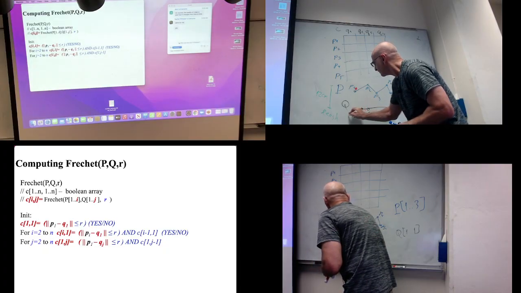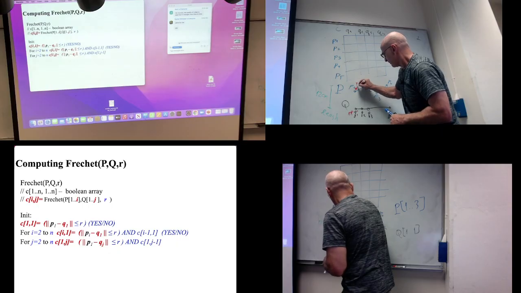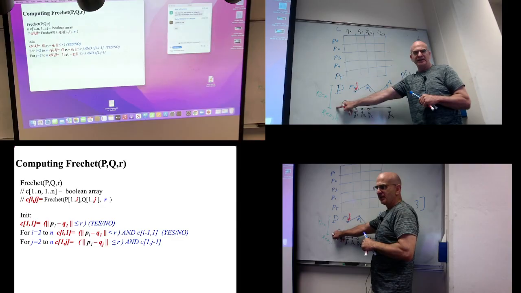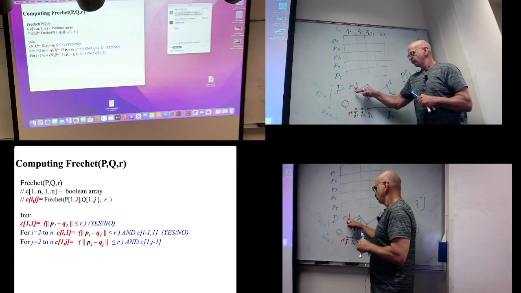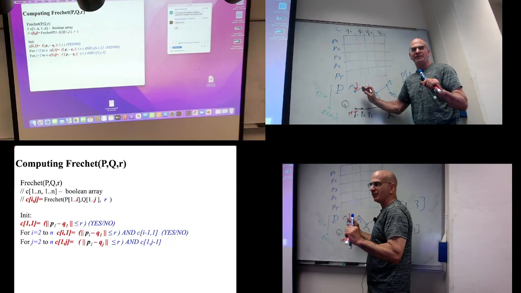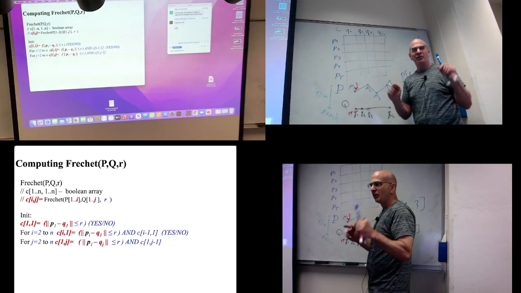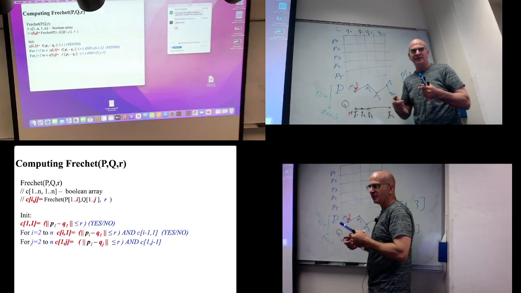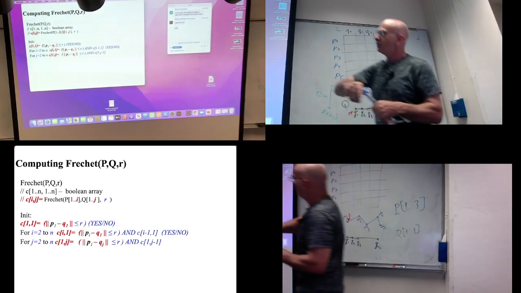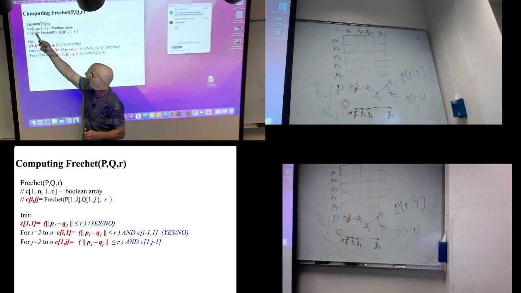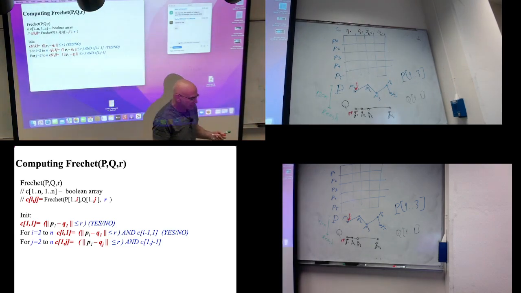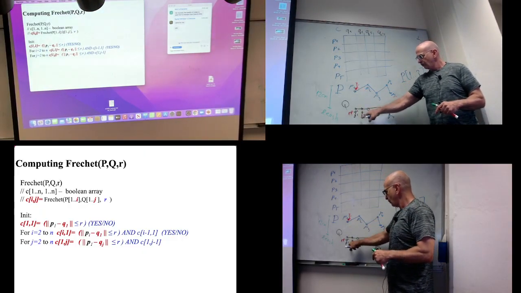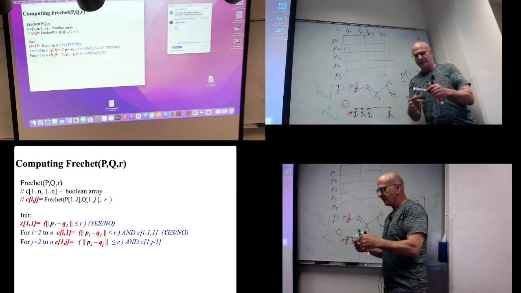The dog can be here, the person will be here, and the person will hold the dog with a leash of 12 centimeters, and that's fine for this trip, the trip at which they end at P1 and Q1. Since I asked for C11, I can do this trip when they're standing right here because the distance between P1 and Q1 is less than 12 centimeters.